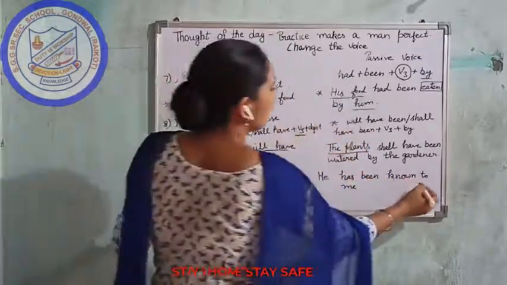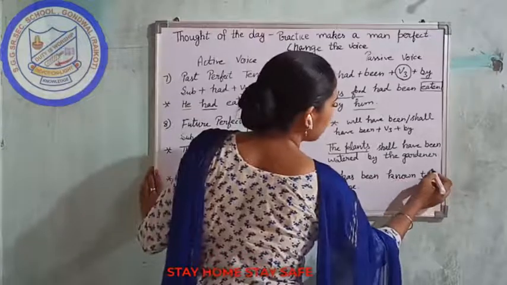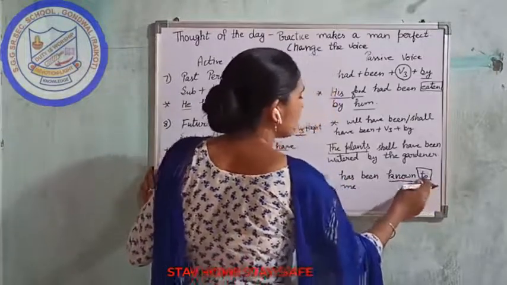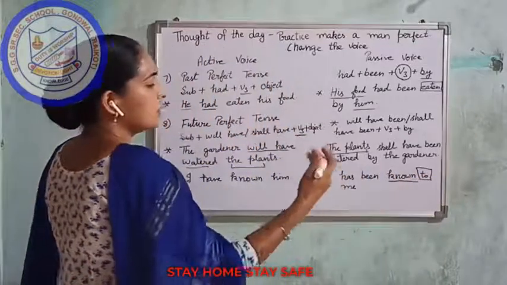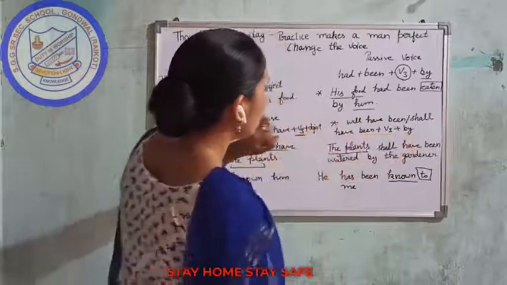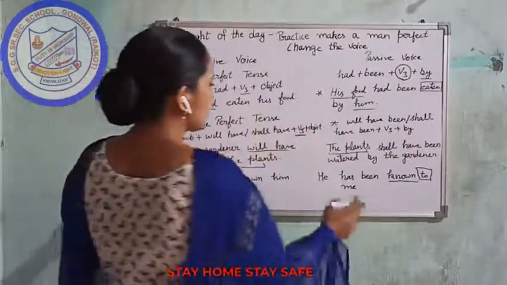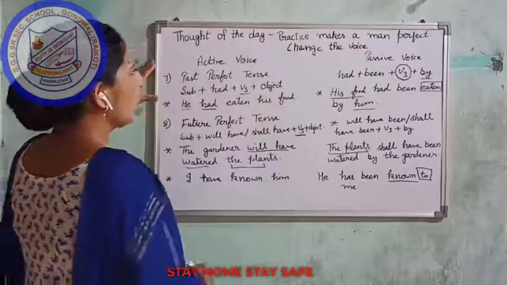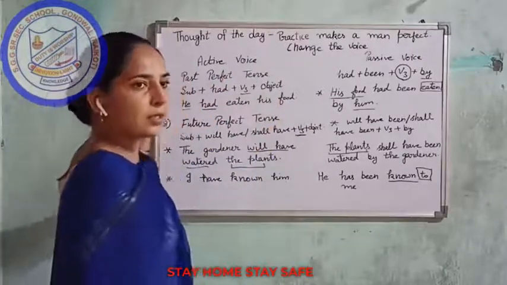Here we will make use of the preposition to, not by, because known is a specific word for which the preposition to is always used with no, new, known. So he has been known to me. So have you understood it?